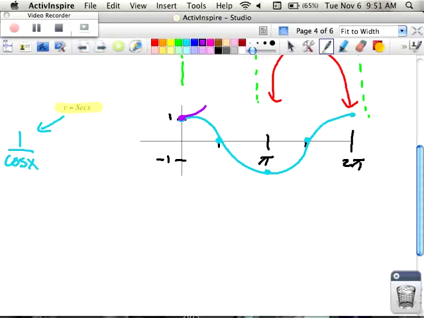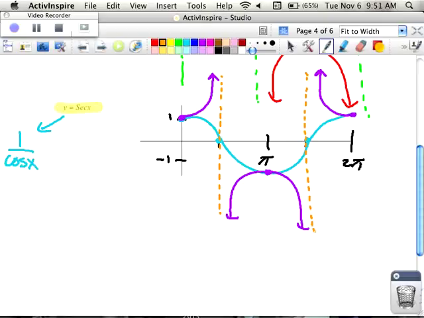The purple is the secant graph, with the asymptotes occurring where my cosine graph was crossing the midline. On the exam, I'll be looking to see your cosine graph, the flipping and 1 full period of the secant graph, and the asymptotes.